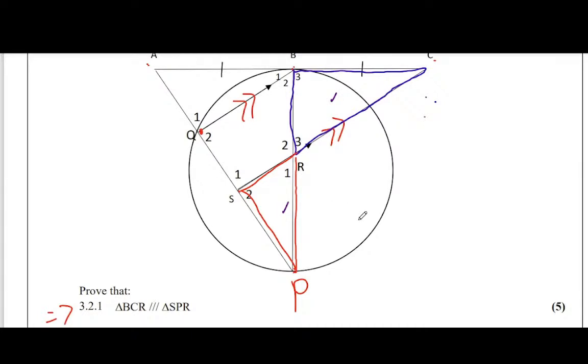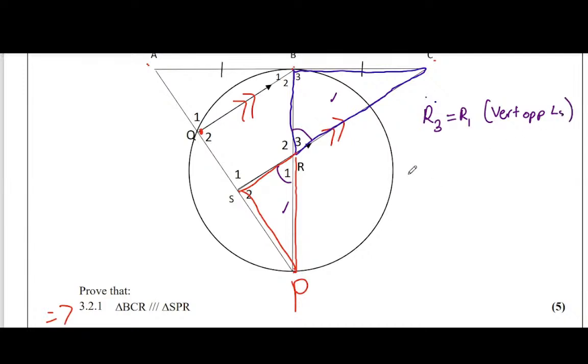First things first, I know that angle R3 and this angle are going to be the same. So R3 is the same as R1, and the reason is that those are vertically opposite angles.